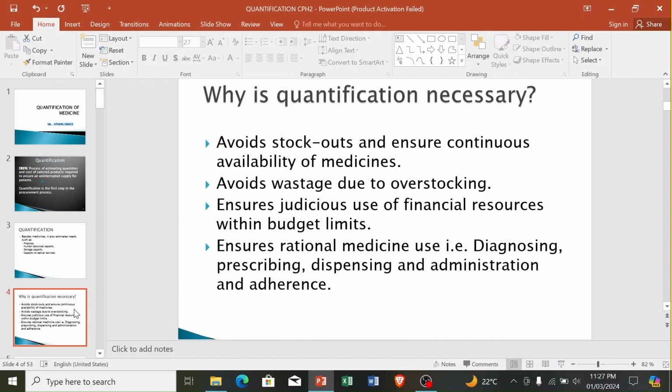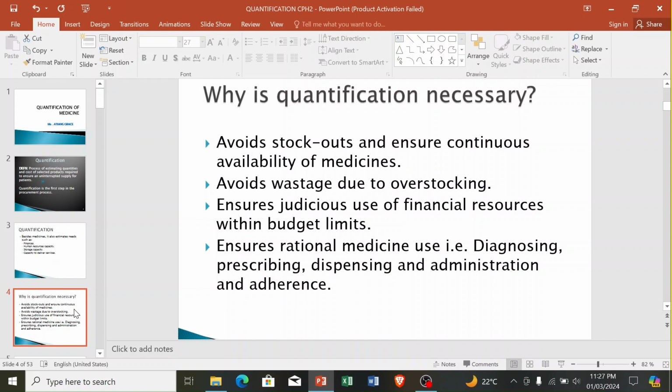Then dispensing: when we are dispensing, we give a full dose because we have enough, other than maybe giving patients half and then requesting them to come back after 2 days. So a patient moves out with what is necessary and what they require.